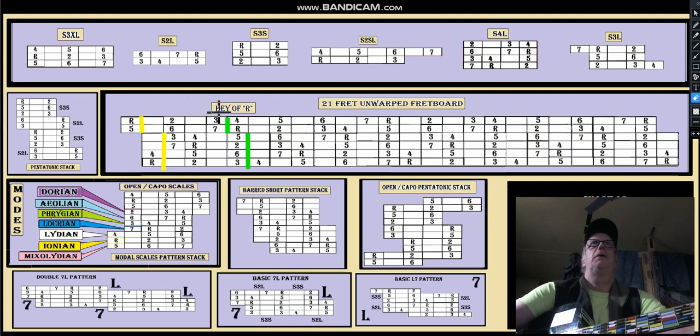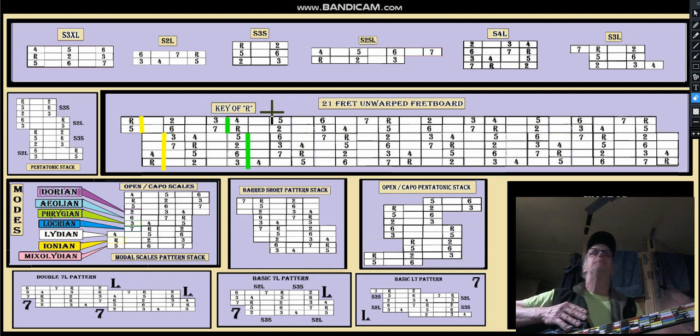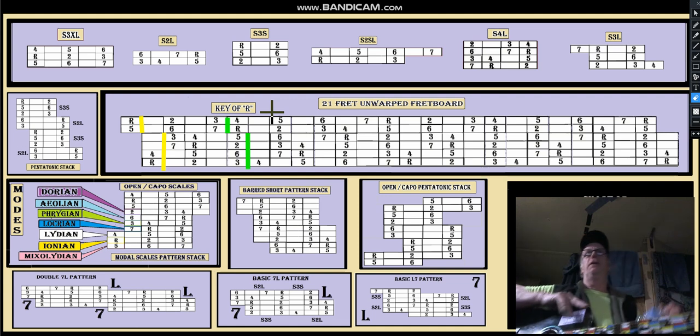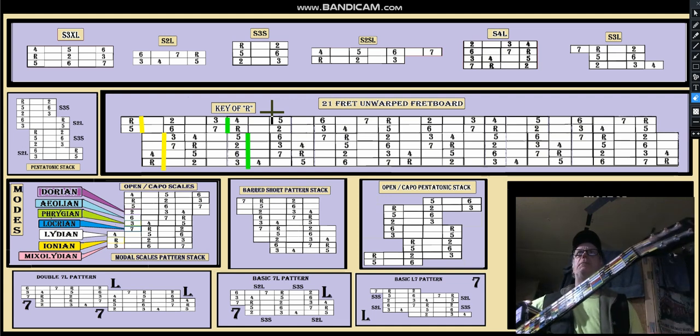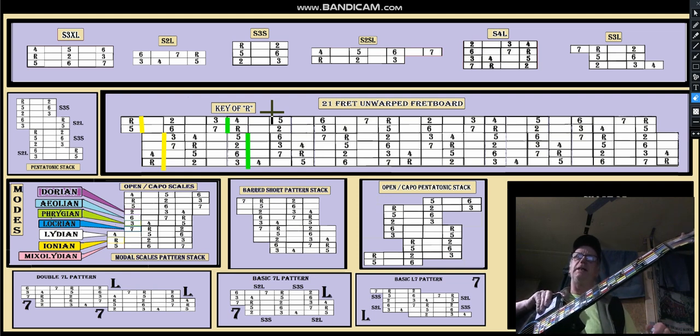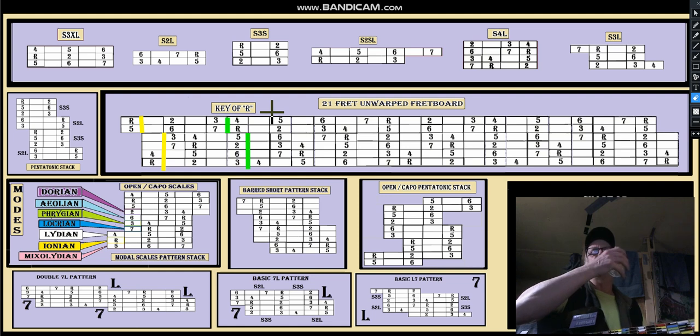Alright, so this is really doing some penance for yesterday's confusion. Alright, that is what this is, the bottom of it. Now this isn't a 25 fret keyboard. It's likely a 21 fret keyboard, or plus or minus, probably minus, right?